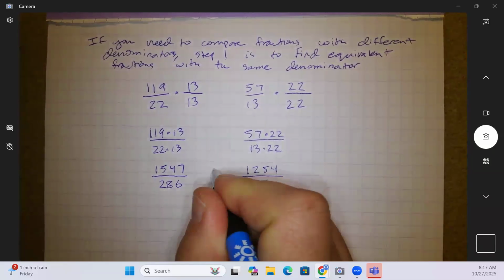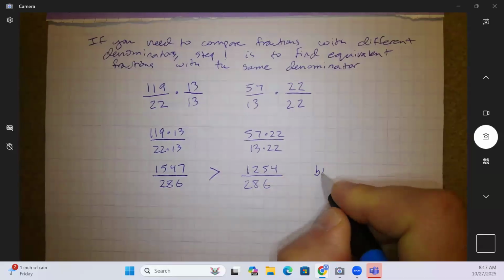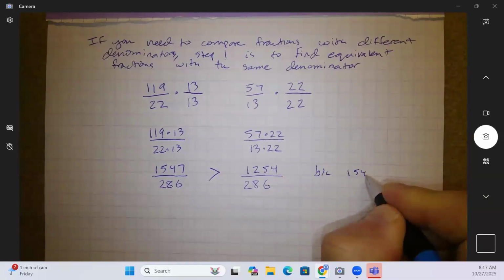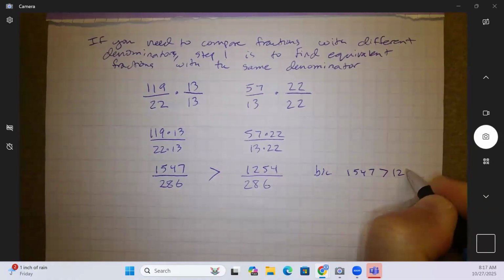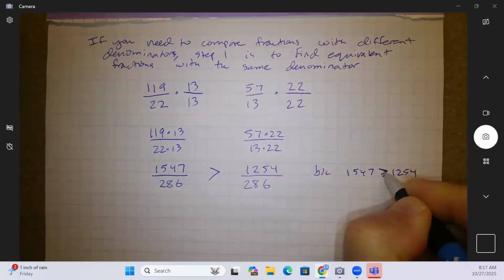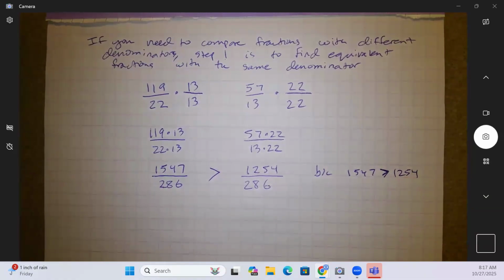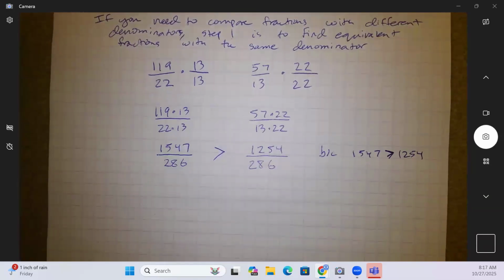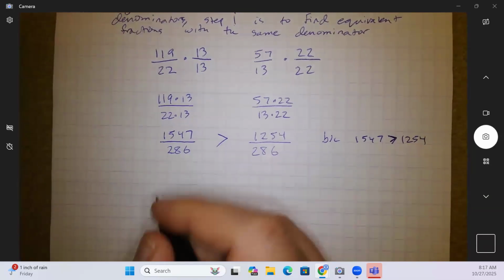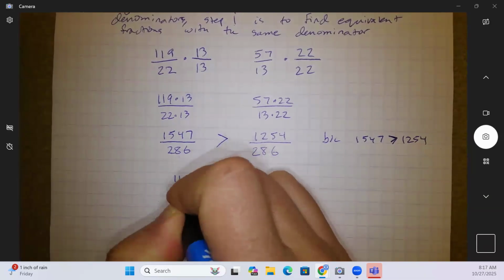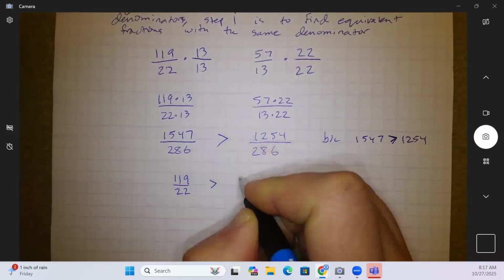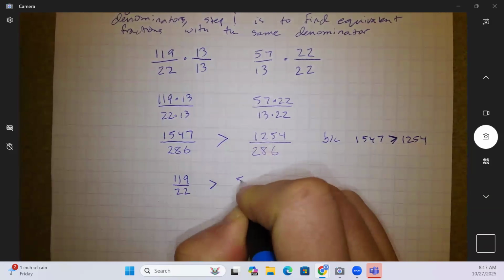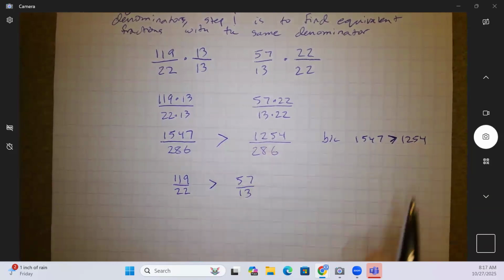The left, because 1547 is larger than 1254, and they have the same denominator. And that means that 119 over 22 must also be larger than 57 over 13.